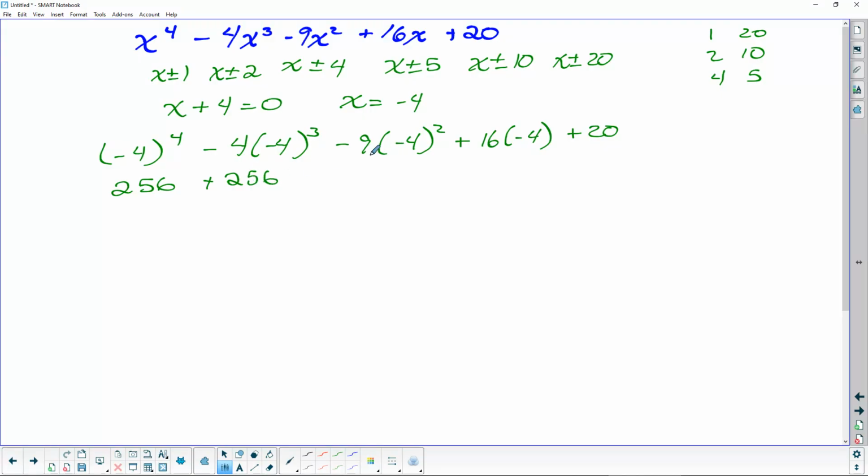Okay, now we got 16 times negative 9, and we got 16 times negative 4, and we got 20. All right, that doesn't look like it's going to work, but let's just add them up. Okay, I get 324. Okay, so no luck with that one.